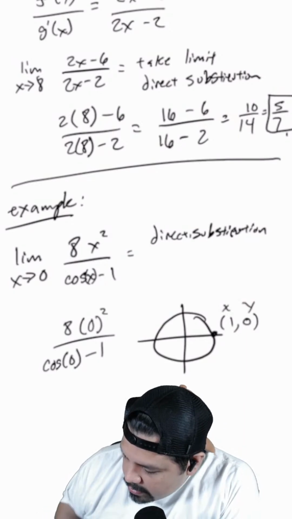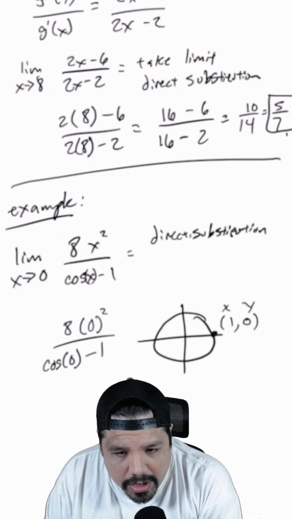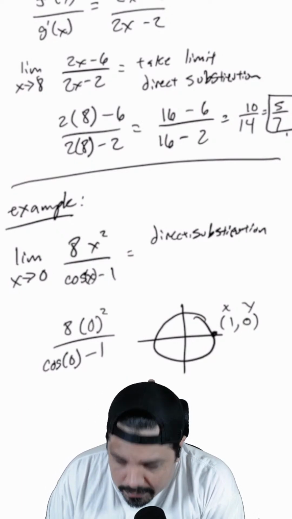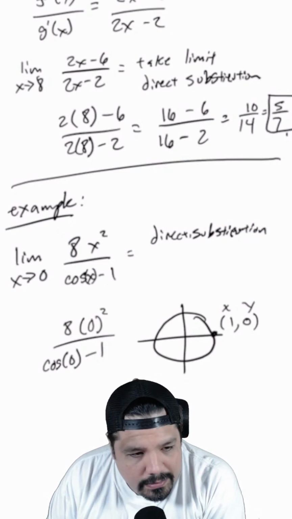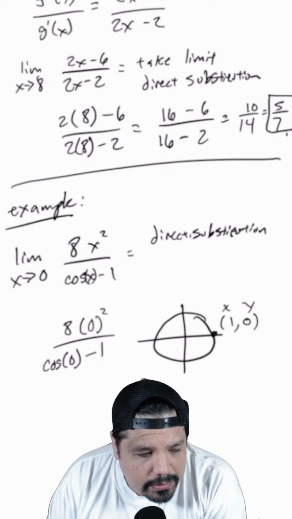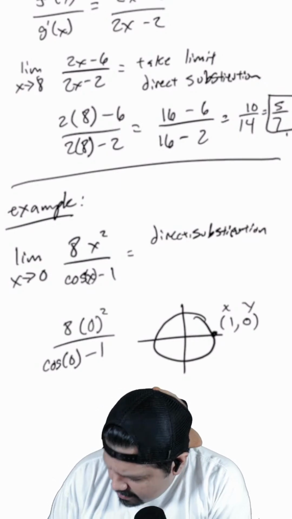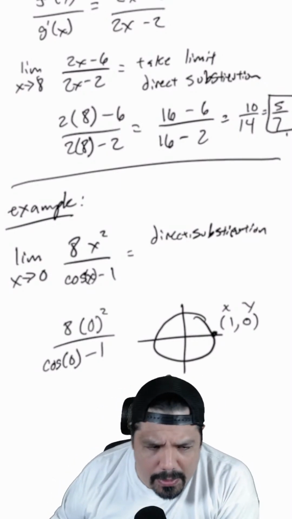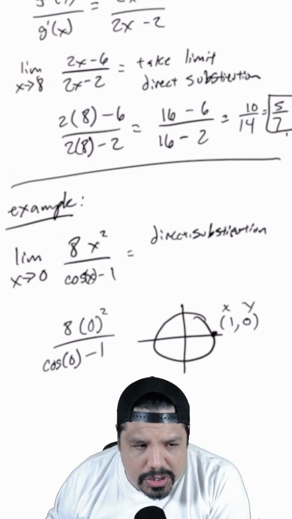Isn't cosine the x value of that angle 0? Yes, it is. We could draw out a SOHCAHTOA, but I don't think we need to do that. We can just easily point that out, right? Let's show what that is.